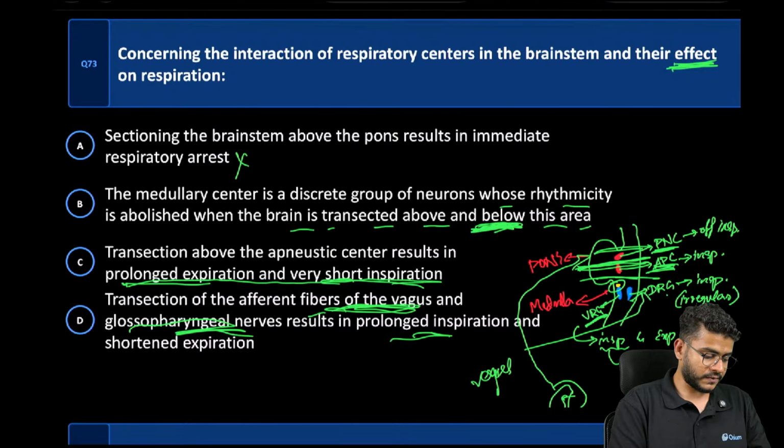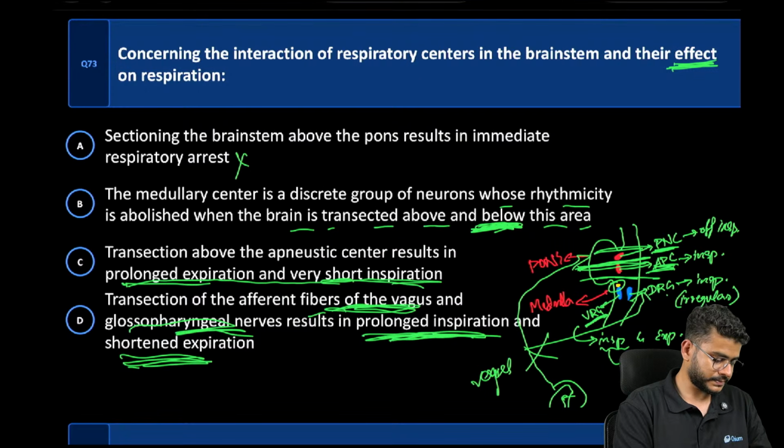So if the vagal and glossopharyngeal nerves are transected, then switching off inspiration does not take place, causing prolonged inspiration and shortened expiration. Okay, is that clear?